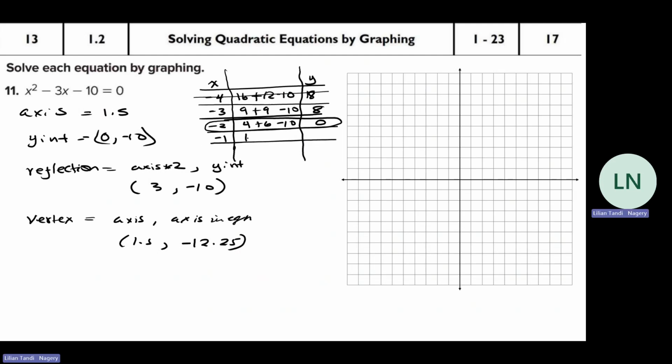That will be 1 plus 3 minus 10. 4 minus 10 is -6. 0. That will give me 0 plus 0 minus 10. That will be -10. My y-intercept. Okay, I'll do 1. That will be 1 minus 3 minus 10. That will give me -12.